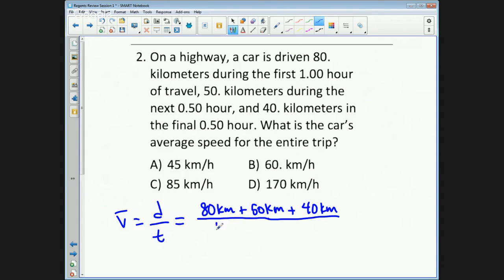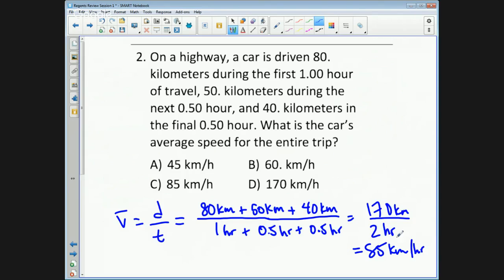Our total time is 1 hour plus half an hour plus another half an hour. So 80 plus 50 is 130, 130 plus 40 is 170. I hope that's right. Divided by 2 hours. So 170 divided by 2 is 85. So 85 kilometers per hour.